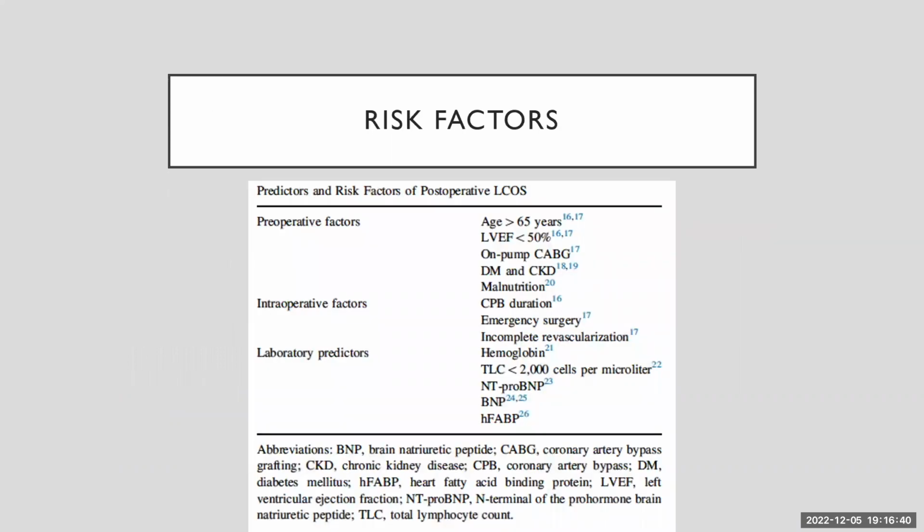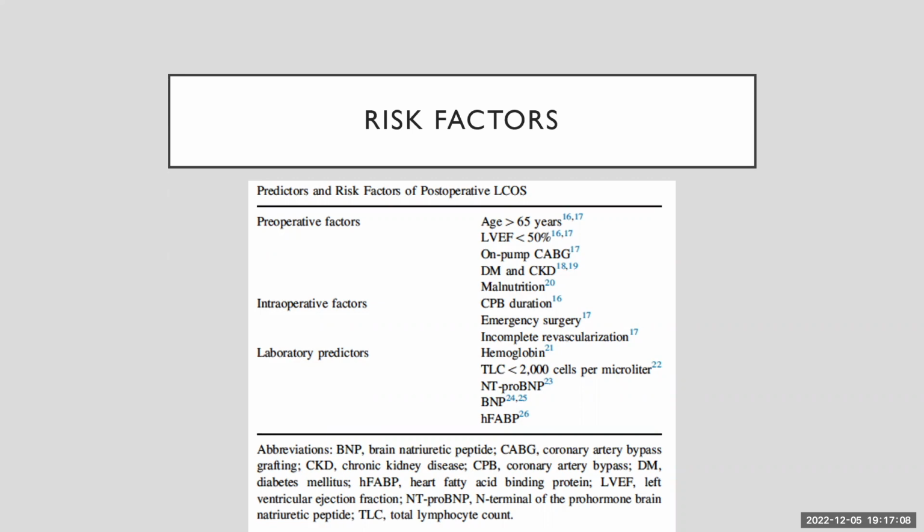Thinking about the risk factors for low cardiac output syndrome, there's a lot of things to consider, but in essence, any patient is at risk. And if you see here the age over 65, slightly impaired left ventricular function, procedures performed on bypass, diabetes, you can see here that many of these predictive factors are common to patients undergoing cardiac surgery.